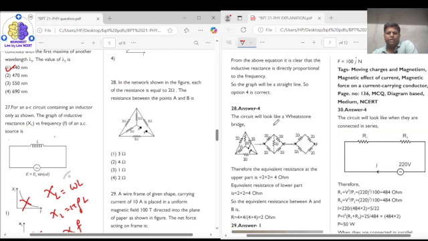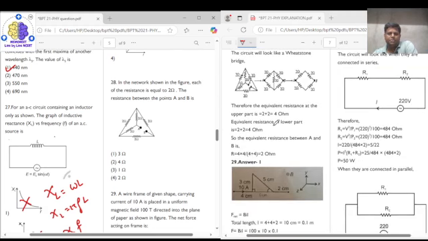Now coming to question number 28. In the network shown in the figure, each of the resistances is 2 ohm. The resistance between points A and B is. This particular arrangement can be rearranged as shown in figure C. If you take this and bring it to this side, it will become like this, which is a type of Wheatstone bridge.